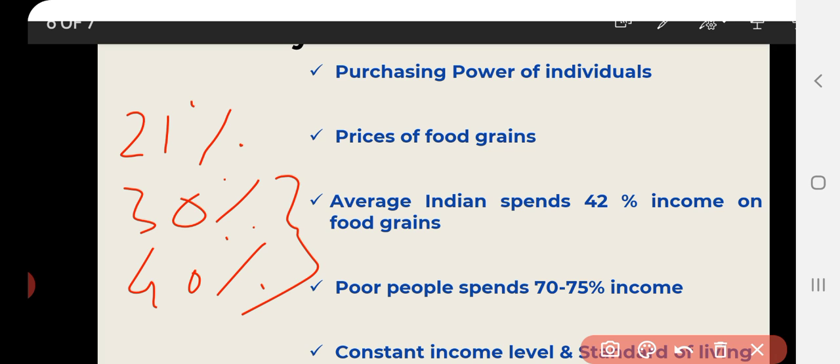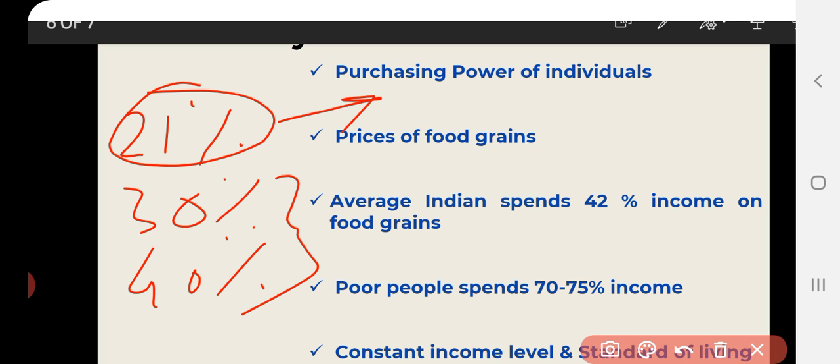It means their income was constant, it has not increased. But on the other hand, the wholesale price index increased by 21%. Means the prices of the commodities are increasing, but income of the people is not increasing at the same rate. So it becomes very difficult for the poor people to purchase these food grains from the market.